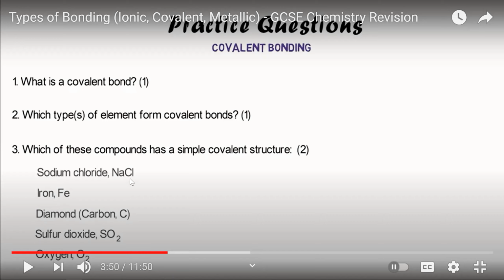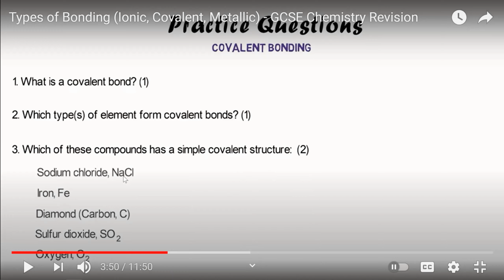Sodium chloride is simple covalent. Oxygen, sorry, oxygen. What type of compound is sodium chloride? Ryan? It's not covalent. It's metal and non-metal.